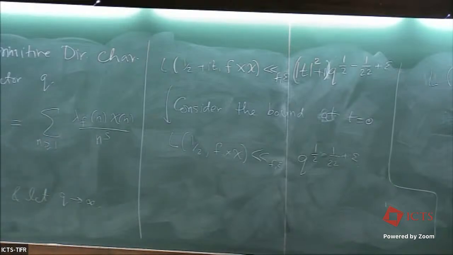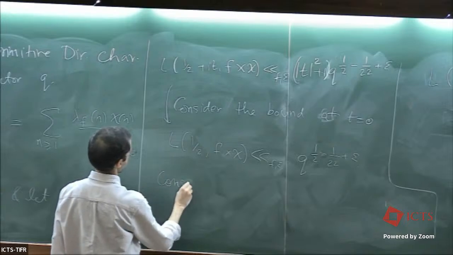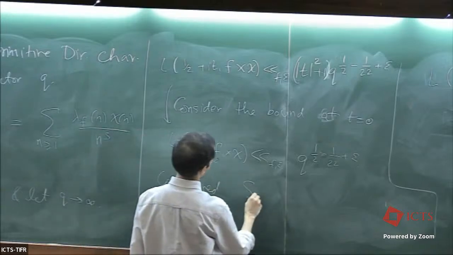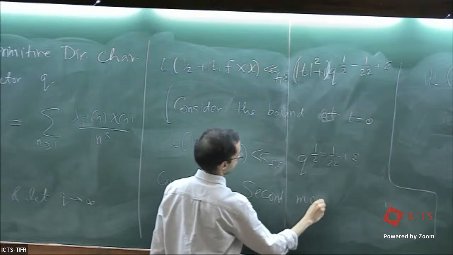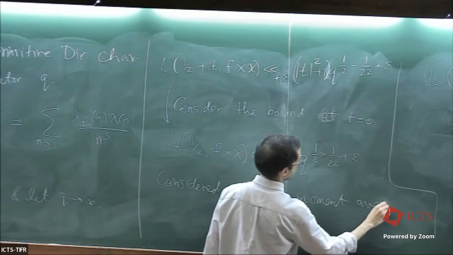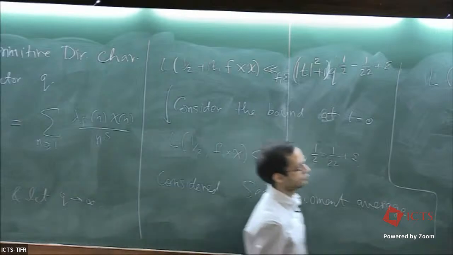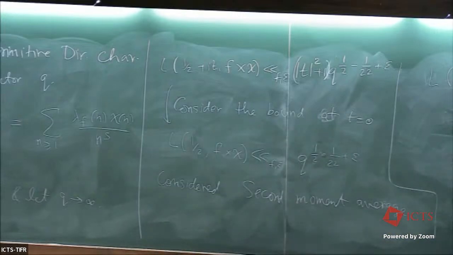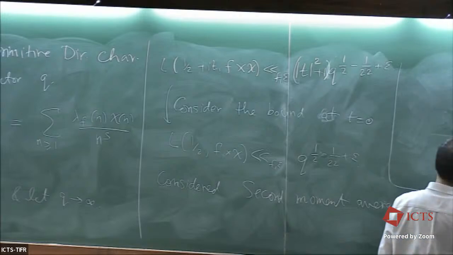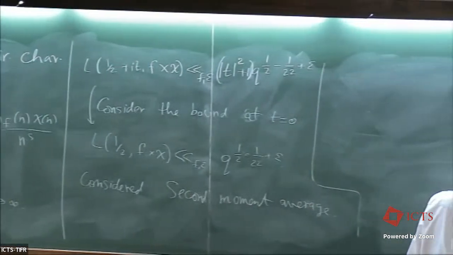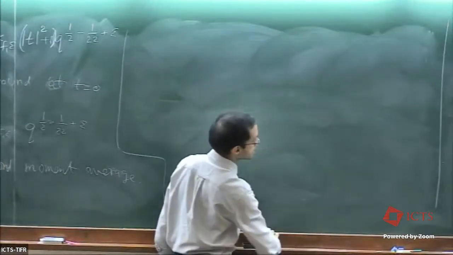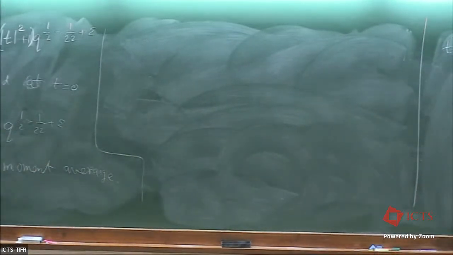So how did they get this bound? They actually looked at a second moment average of these L functions. Okay. So what they did was that they considered a second moment average. And the philosophy is somehow very nice, and a lot of proofs use that if you can sum up positive things and get a bound for all of those, then the bound holds for each of those things.